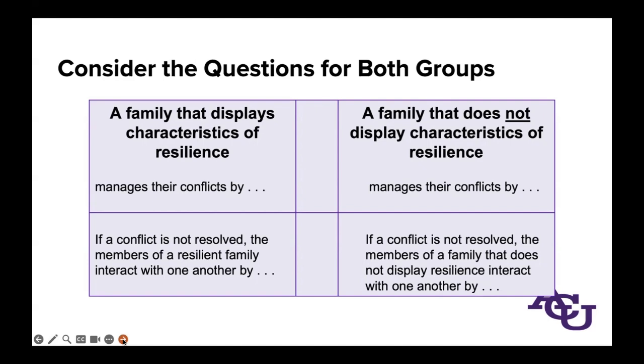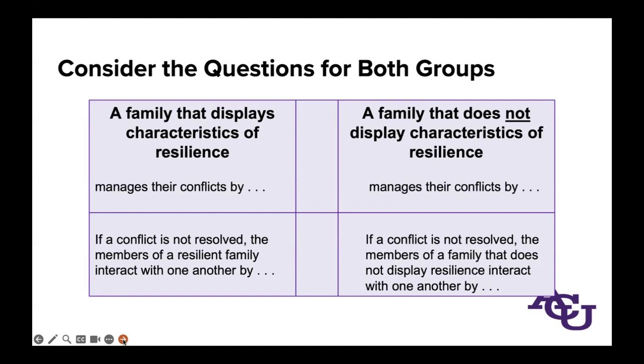If a conflict is not resolved, the members of a resilient family interact with one another by do, do, do. And then on the right, a family that does not display characteristics of resilience manages their conflicts by do, do, do. And if a conflict is not resolved, the members of a family that does not display resilience interact with one another by do, do, do.